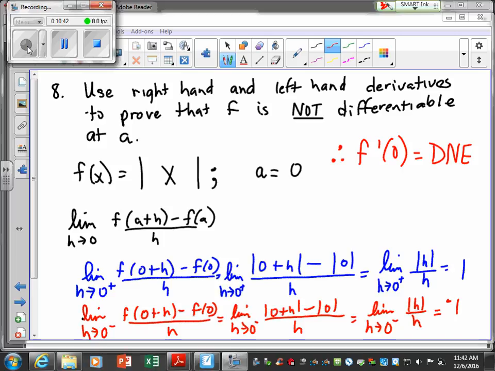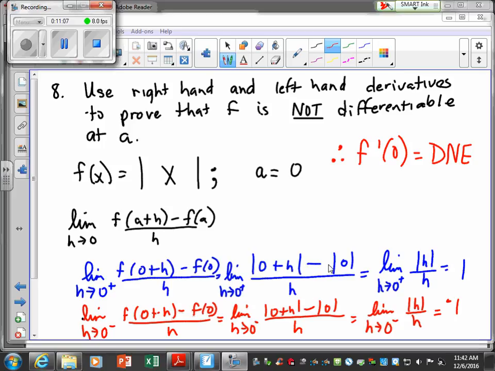Okay, just quickly to walk you through this base case of what we've shown in the handout: use the right-hand and left-hand derivatives to prove that f is not differentiable at a. So we have the absolute value of x, we have our limit definition here. We evaluate that at 0 from the right. So first of all, plug 0 plus h into this function and allow x to be 0.